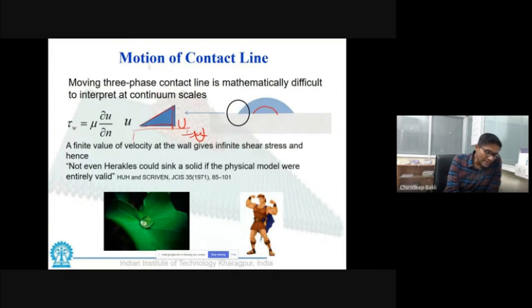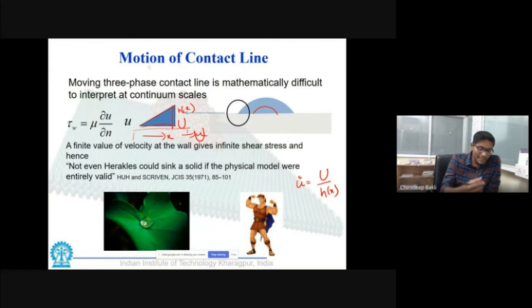And if the height is a function of x, because it is changing, it is a wedge, it is a triangle, so it is a function of x, being the coordinate in this direction. So the gradient of the velocity is given by U by h(x). Now, by Newton's law, you understand that the shear stress would be given as the multiplication of the viscosity of the fluid and the velocity gradient.